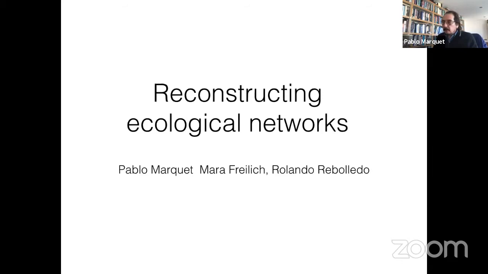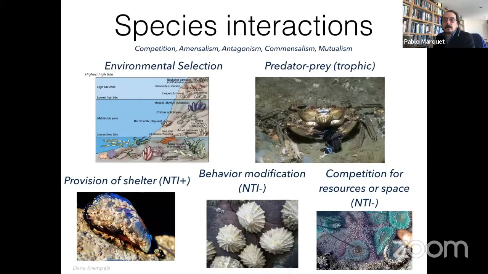So as a kind of introduction, just to make sure you understand some of the jargon I will be using in this talk: what we are trying to infer are interactions, and you have different kinds of interactions.